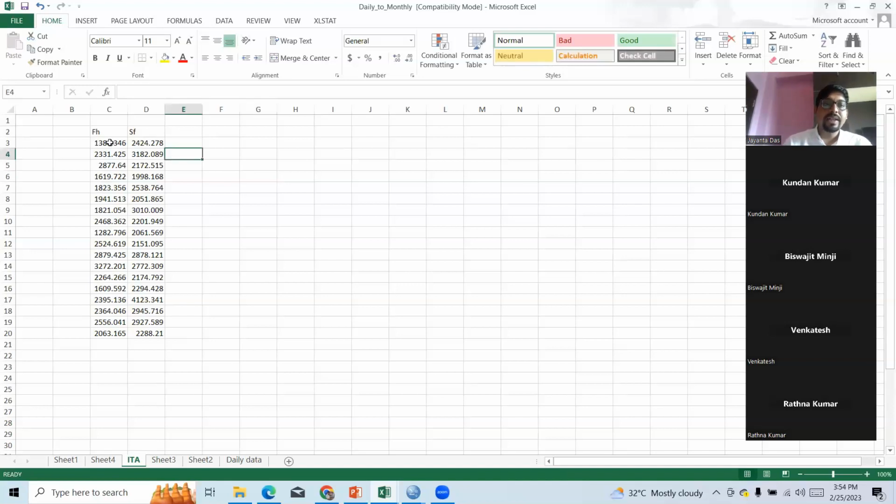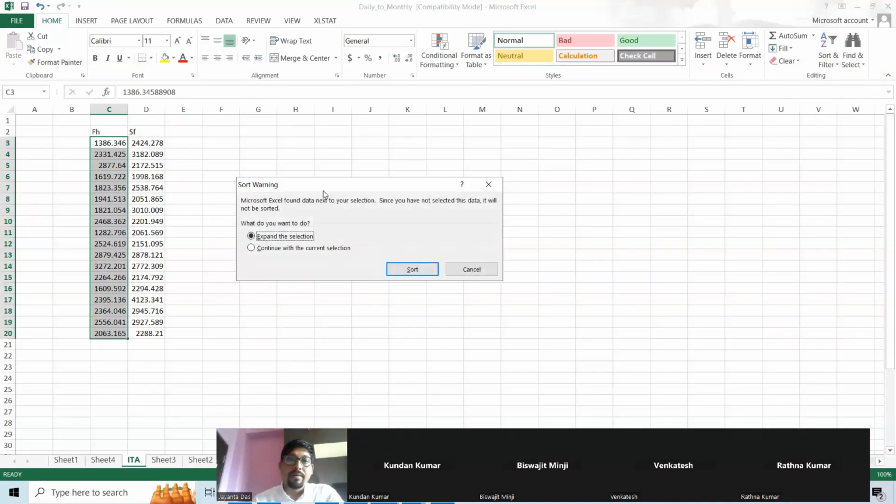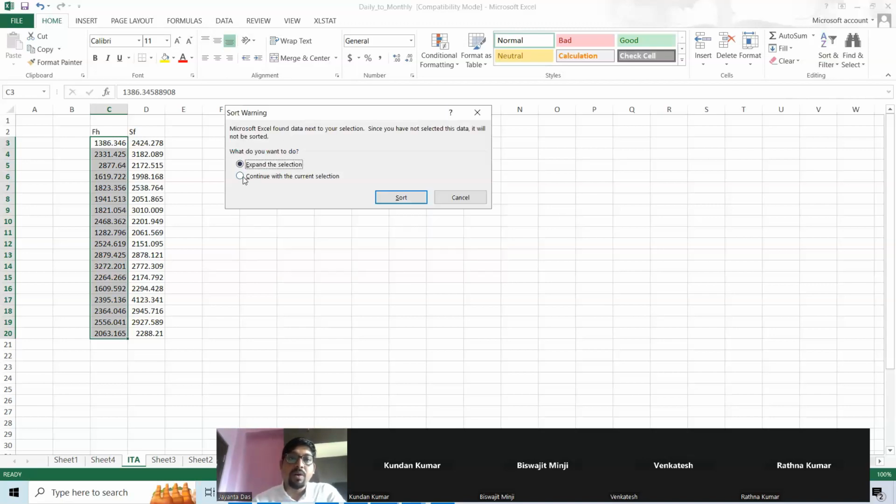Now, the next part is we have to arrange it. Select it, and here sort, smallest to largest, that's ascending order. But remember, it's most important: continue with the current selection.